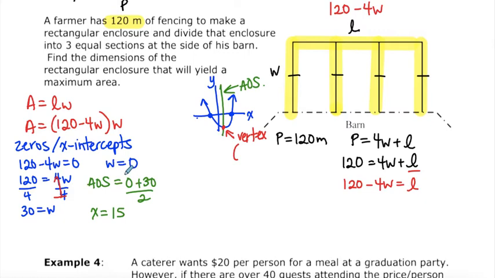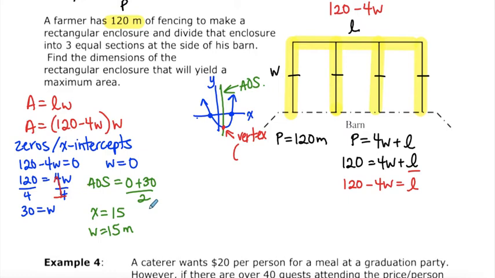And now I can take this information and substitute it in to figure out what the maximum area could actually be. Now it doesn't ask me to calculate the maximum area, it just wants me to know the dimensions, okay? And instead of x, remember I could also say that this could be W, so W equals 15. So that means that the width of my shape is going to be 15 meters.